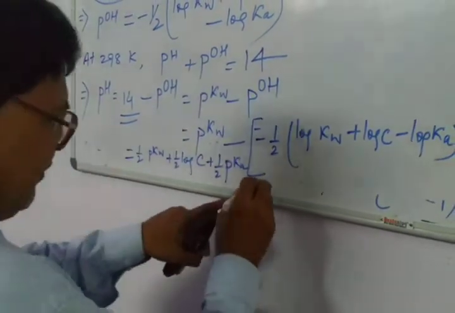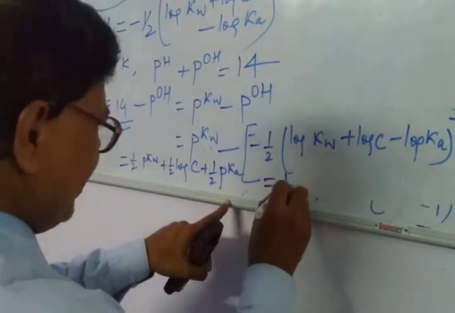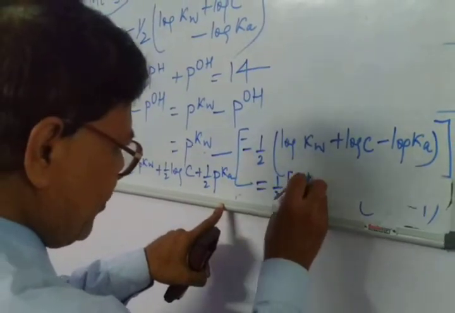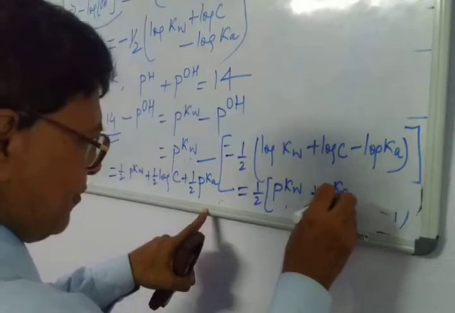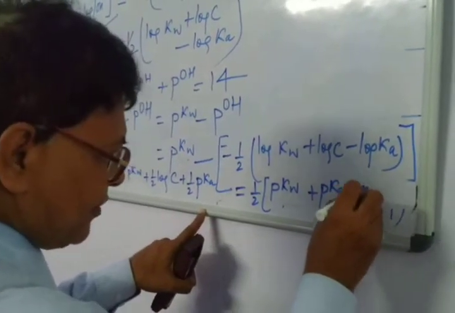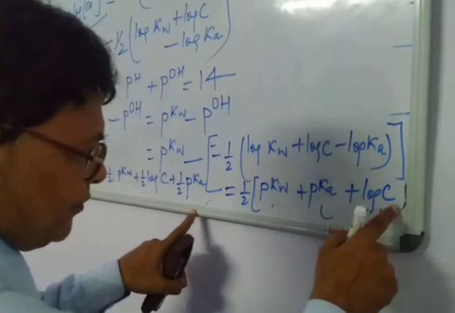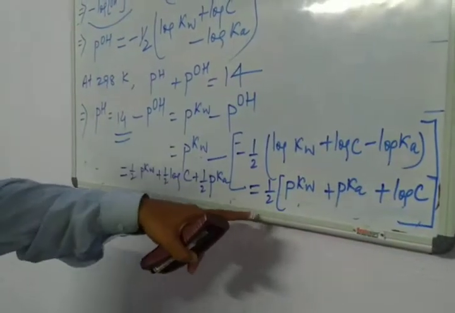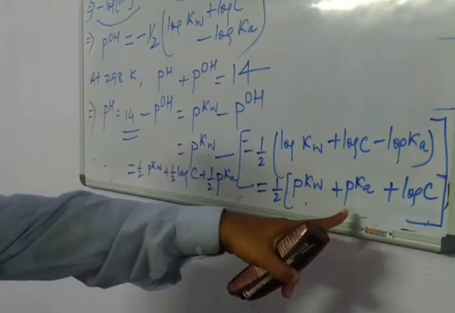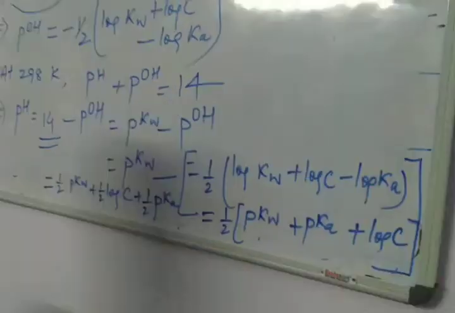Everywhere we have half factor, therefore this is simply half pKw plus pKa plus log C. Check. Half pKw plus pKa plus log C. Is it?